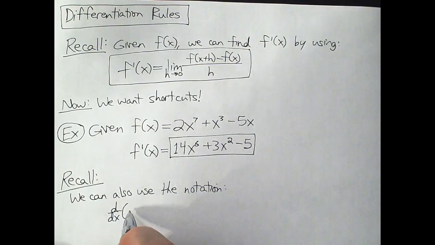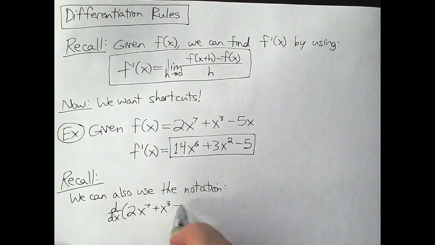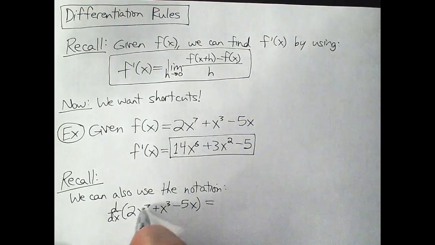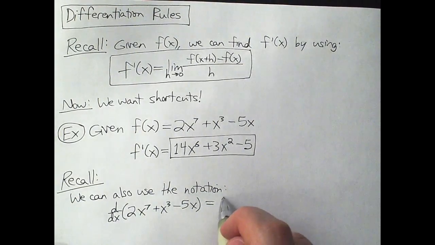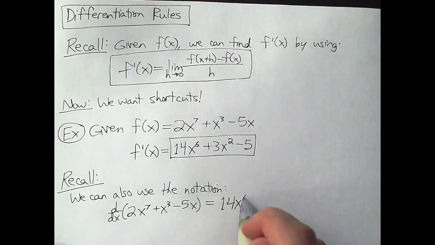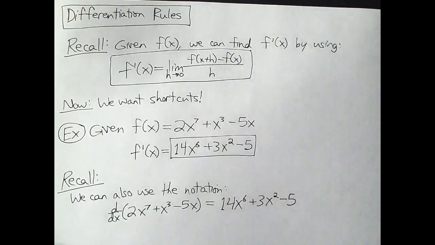So if I said d dx of 2x to the 7 plus x cubed minus 5x, that d dx notation basically means the derivative of whatever is in here. And we are saying that it is equal to 14x to the 6 plus 3x to the 2 minus 5.